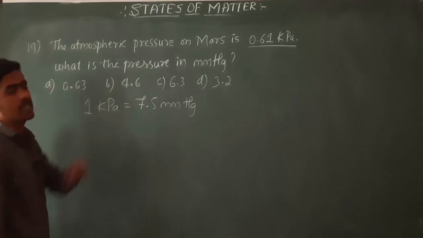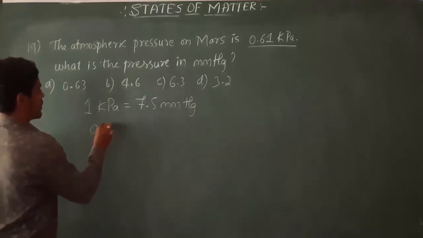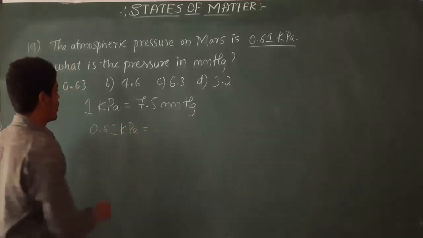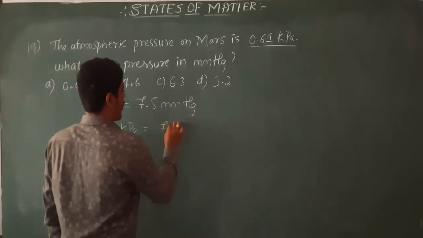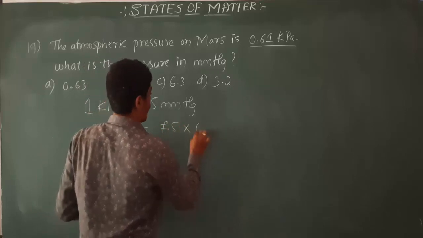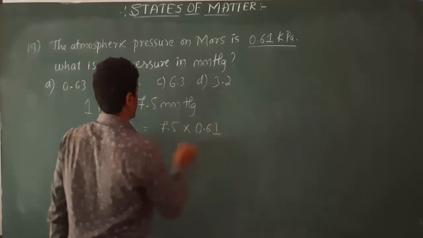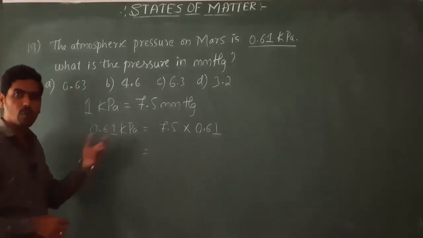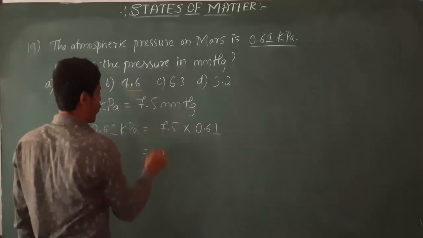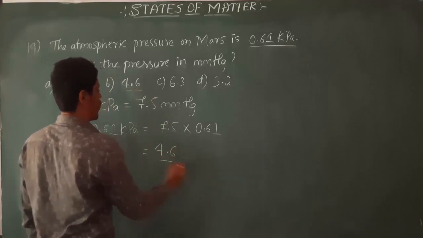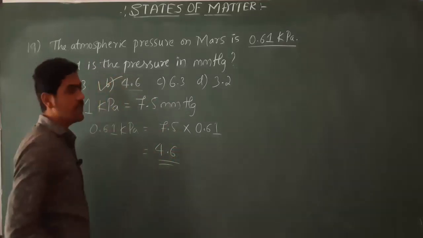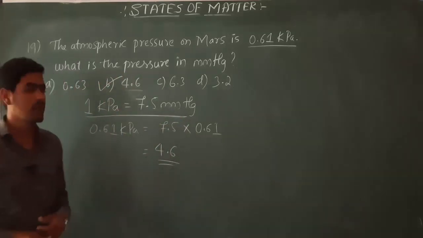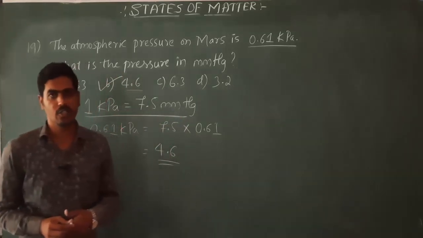So 0.61 kilopascal means 7.5 into 0.61, that gives the answer in mmHg. What would be the answer? It is 4.6. So option B is the right one. So remember this relation, 1 kilopascal is equal to 7.5 mm of Hg.